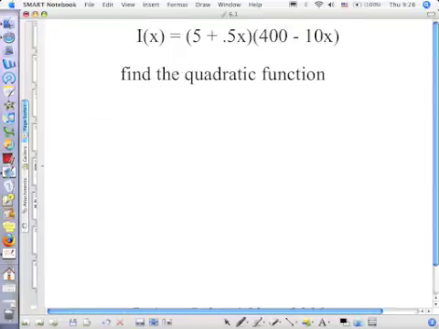All right? Let's find this function. How am I going to put those two things together? FOIL. I'm going to do FOIL. So my income as a function of X is this. First times first, 5 times 400 is 2,000.